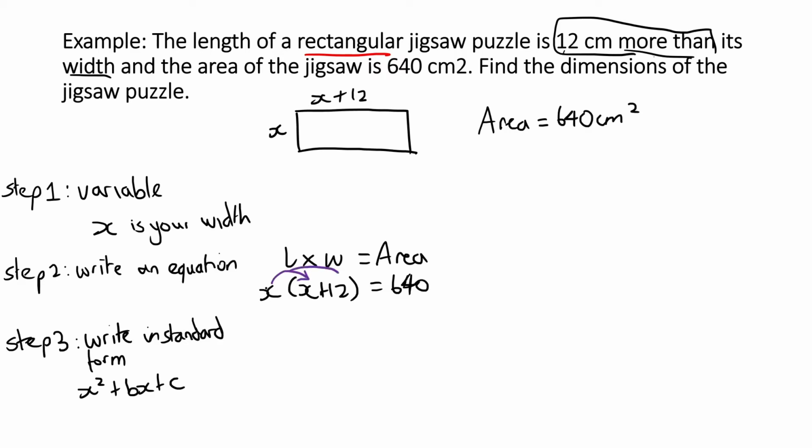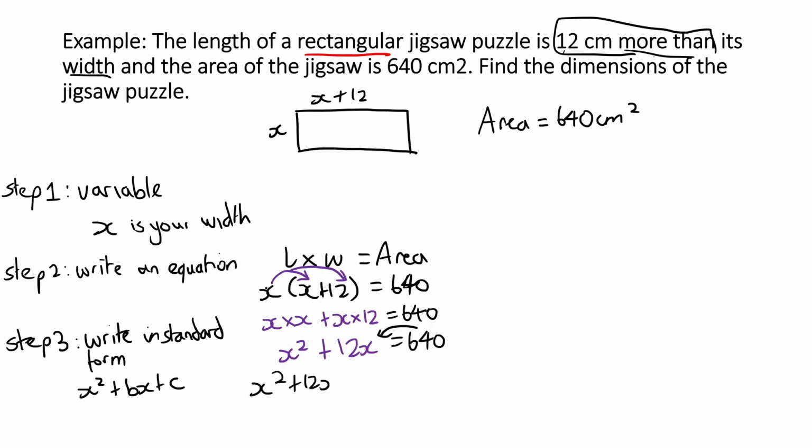So x times x, and then x times 12. x times x is x squared. x times 12 is 12x. They're still equal to 640. Okay, last step to make it into standard form is to move 640 to the left side. So we move it to the left side, minus 640 equals 0.